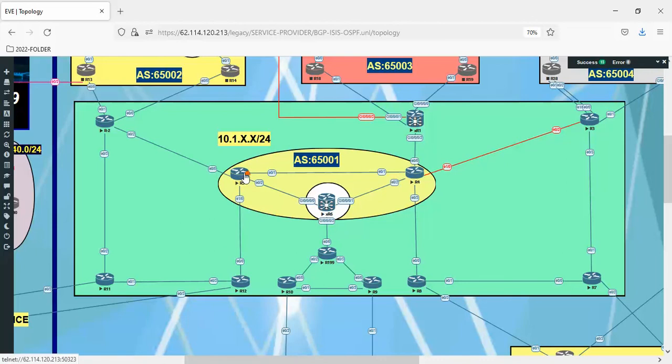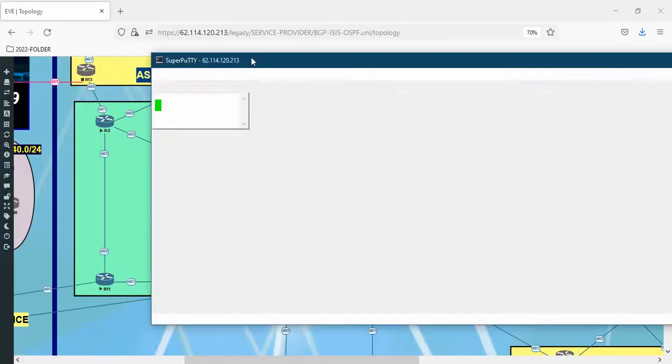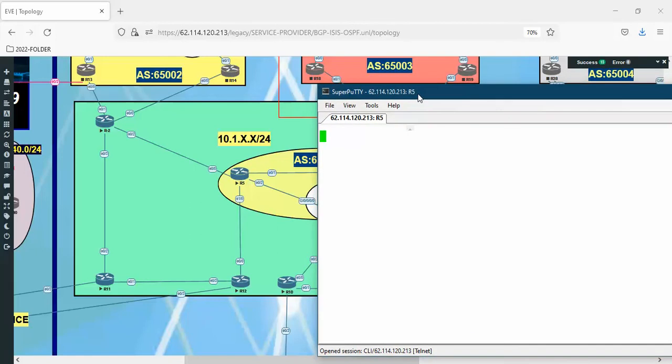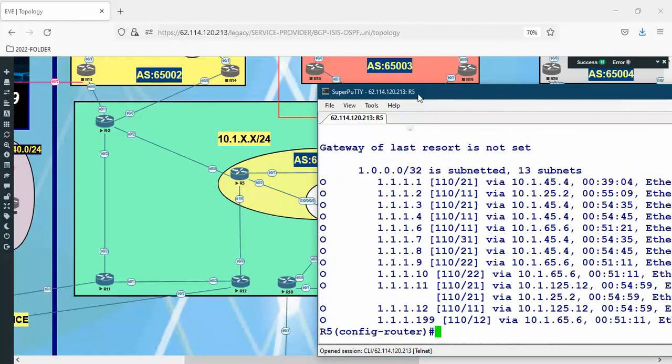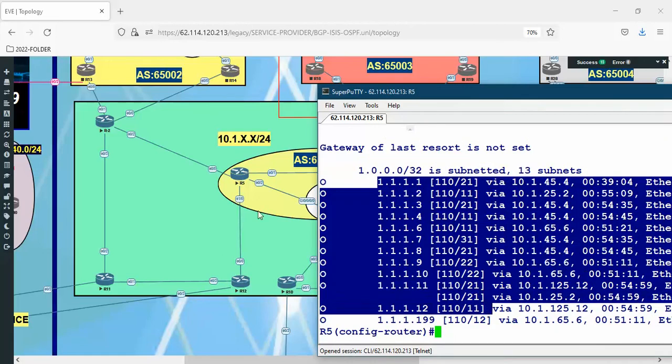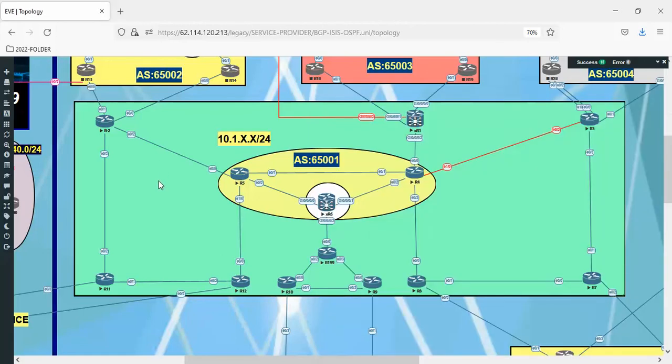So from router 5's perspective here, what should we see? Do show ip route ospf. Same thing. We don't have any transit links, guys. We don't have anything regarding the transit links.